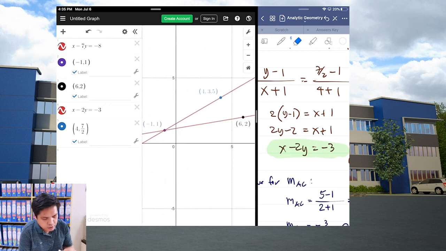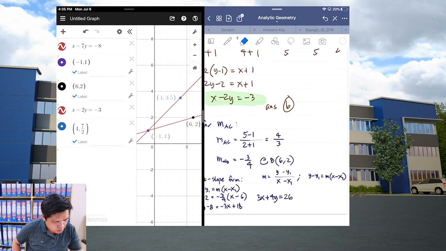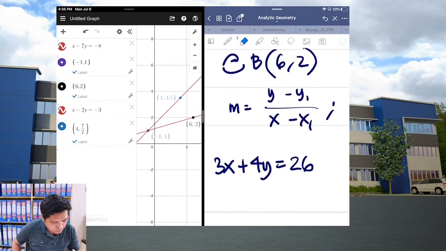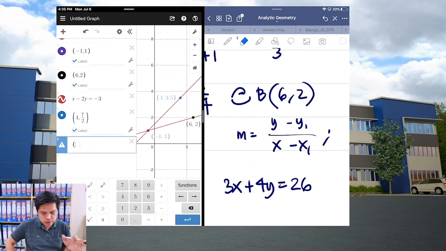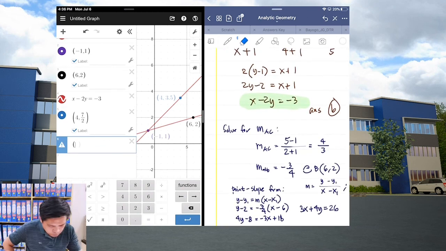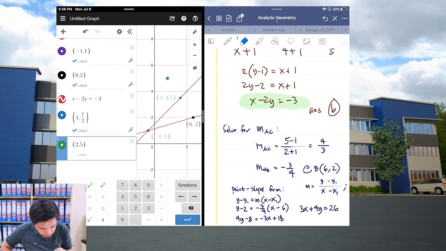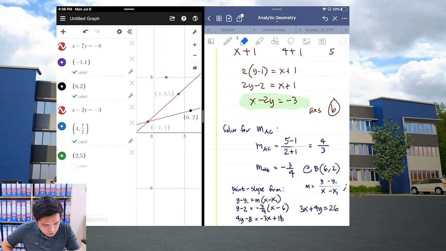Okay, so for the altitude, let's place the other coordinate, which is 2, 5. There it is.